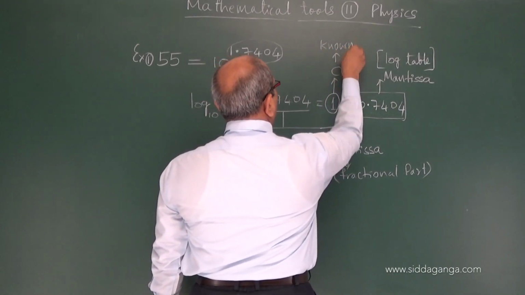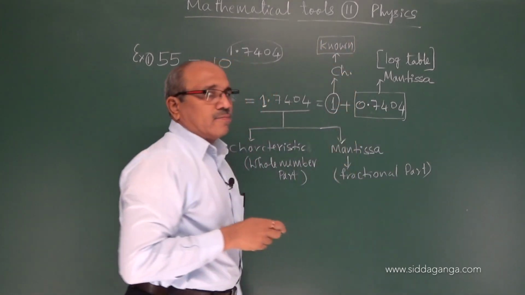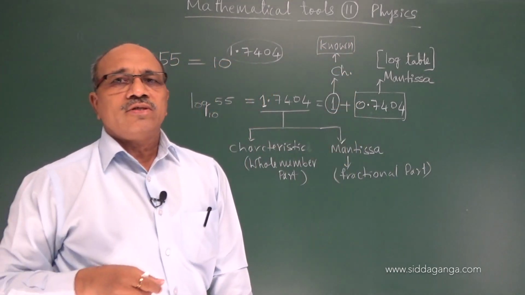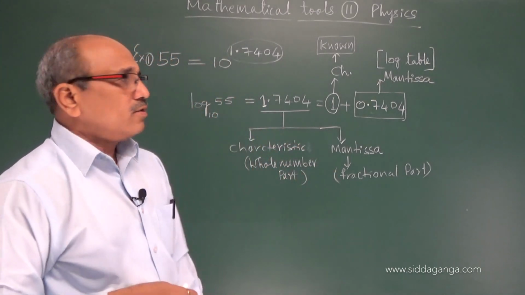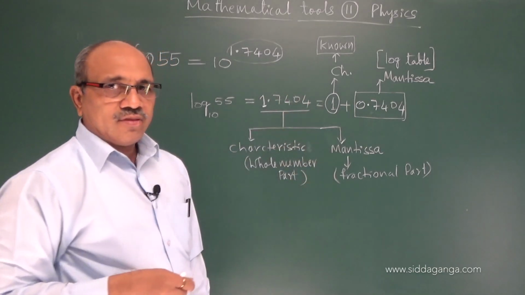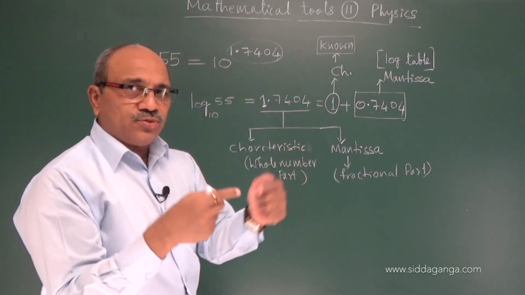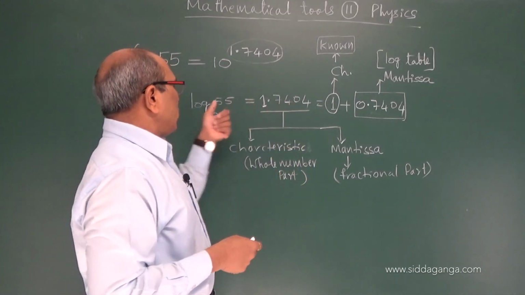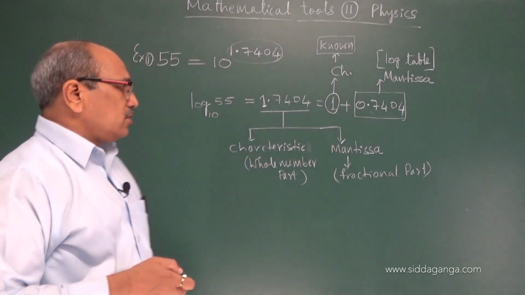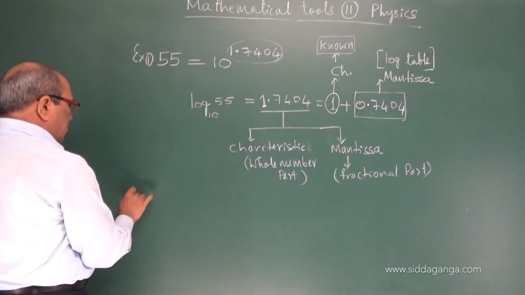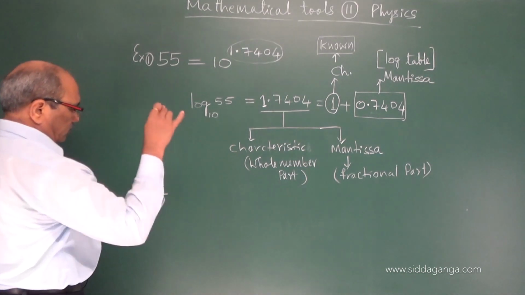We are using some rules to find that, and remembering those, on seeing the number itself you are able to get what the characteristic is. Use the log table, get the mantissa part, fuse both together, get the log value of the given number. So to get the characteristic, in the previous class I have taken any number greater than 1.